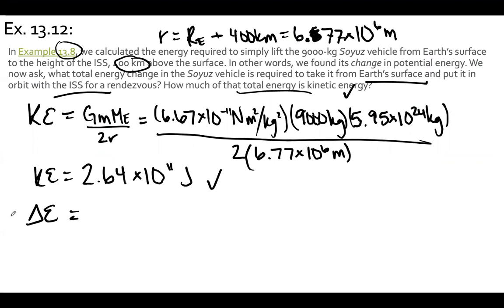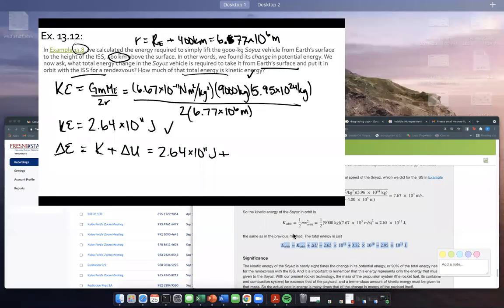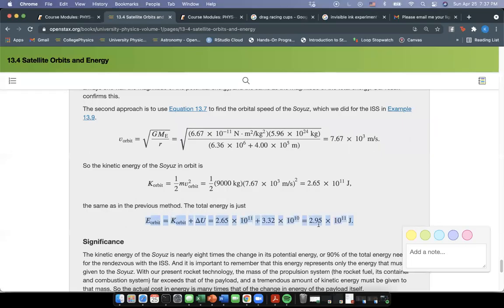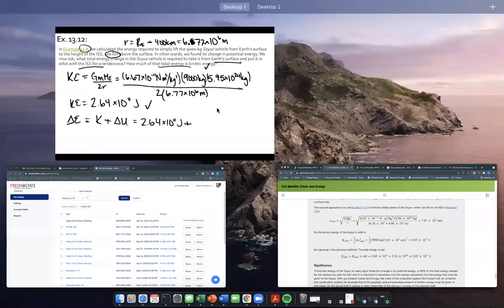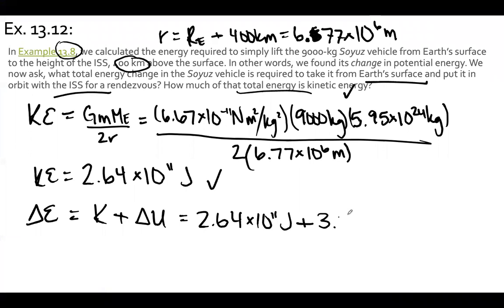And so we just want to find the total energy now, and that is going to be our kinetic energy plus our potential energy that we found earlier. So it's going to be 2.64 times 10 to the 11th joules plus, they have that they found it to be 3.32 times 10 to the 10th joules.